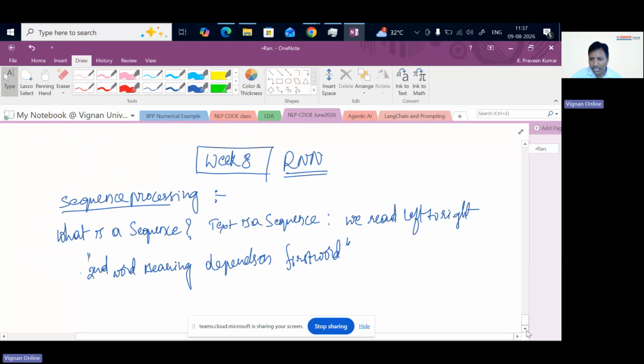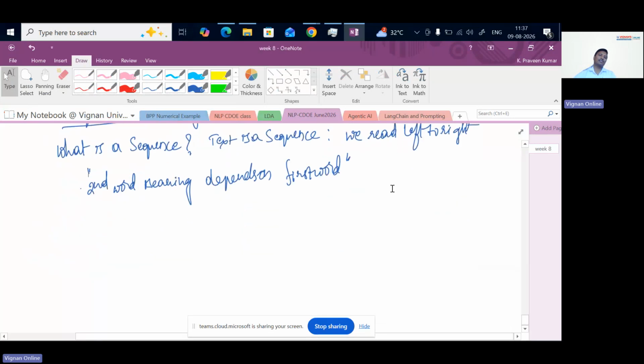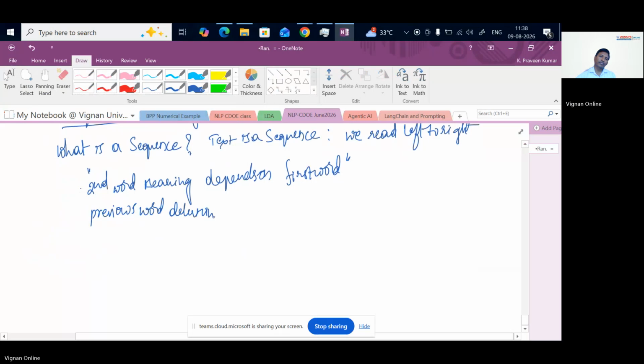When we want to understand the second word, we need to know the first word. If I generalize this, the previous word determines the meaning of the current word.